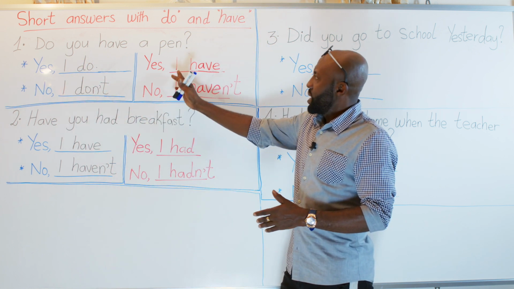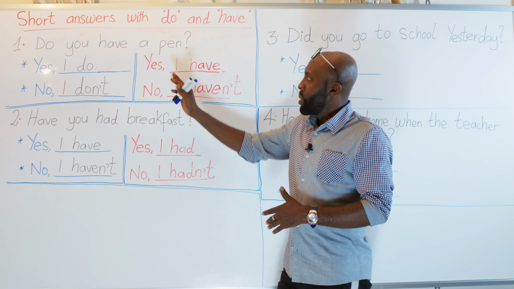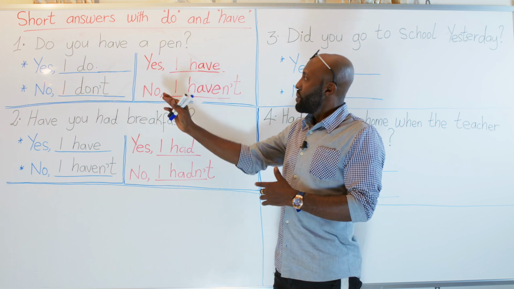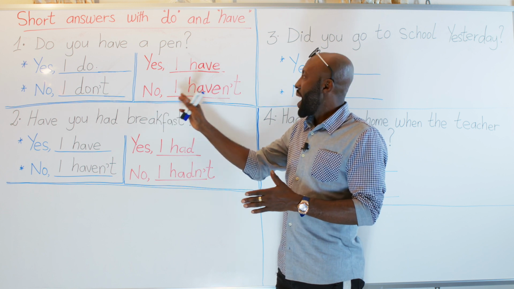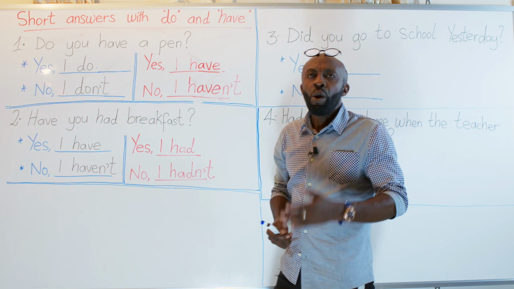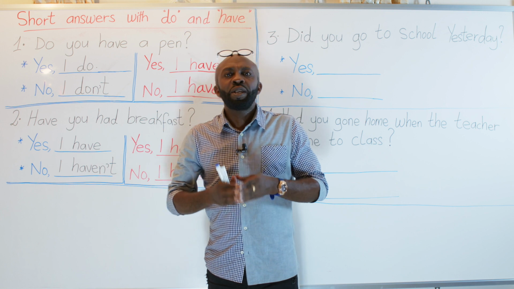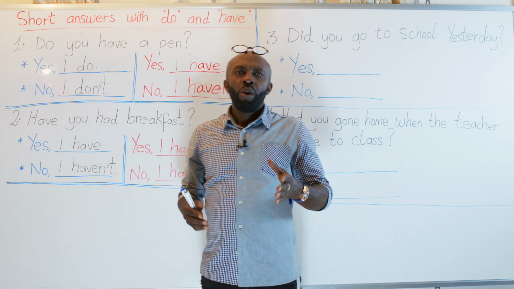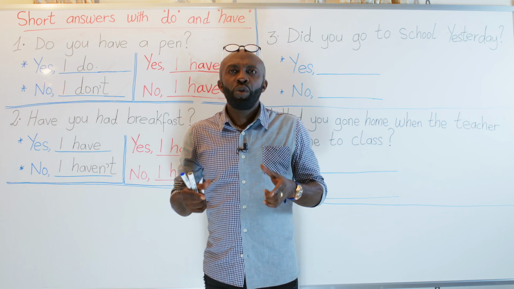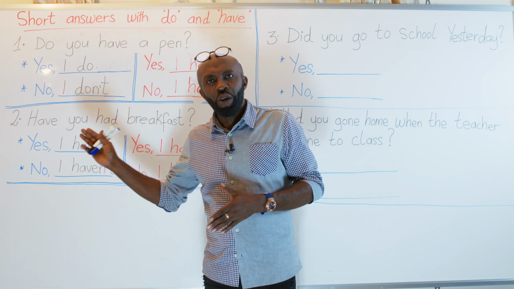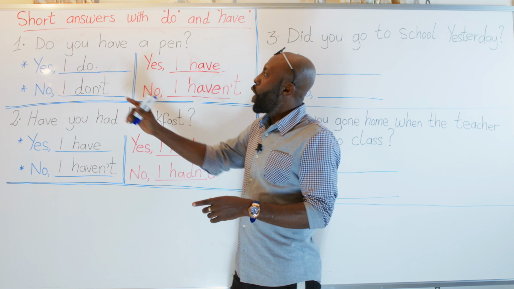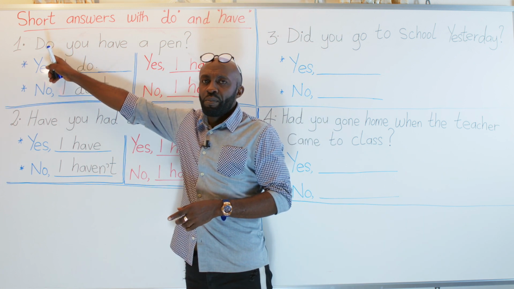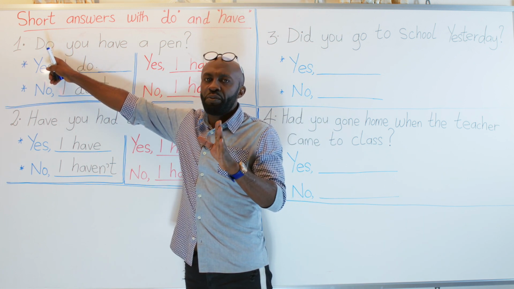Okay, look at this other situation here. Do you have a pen? Say, yes, I have. Or, no, I haven't. What I want students to understand is that when answering questions with short answers like this, pay attention to the first verb.